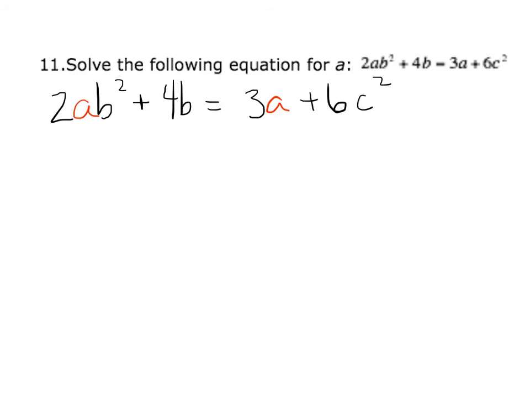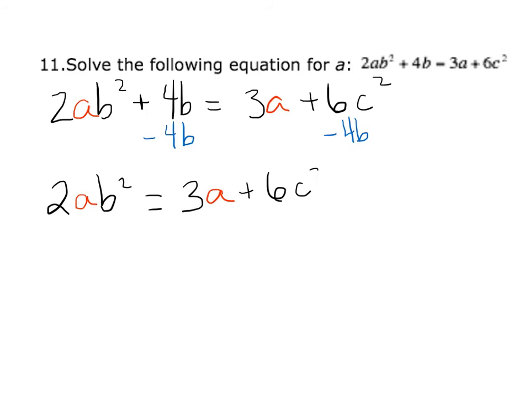So I'm going to go ahead and do that first. I'm going to subtract 4b from both sides. And now what I'm going to have is 2a b squared equals 3a plus 6c squared minus 4b.